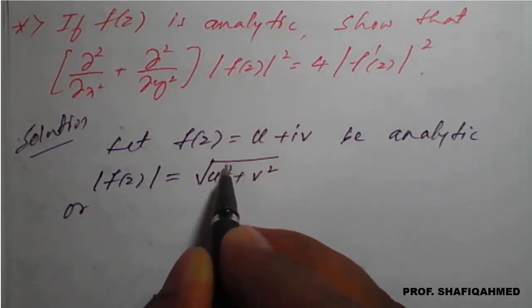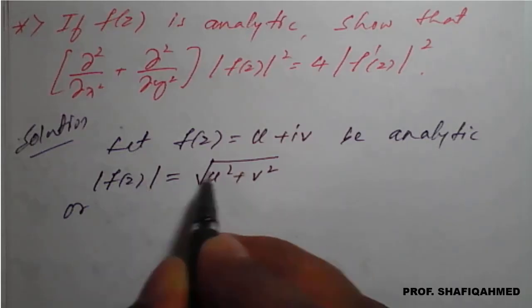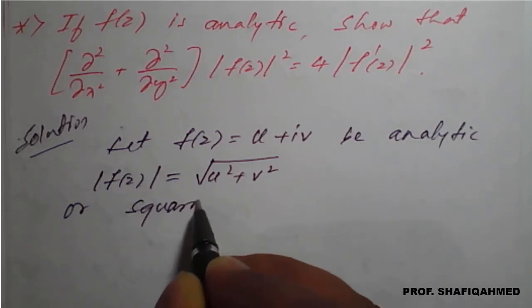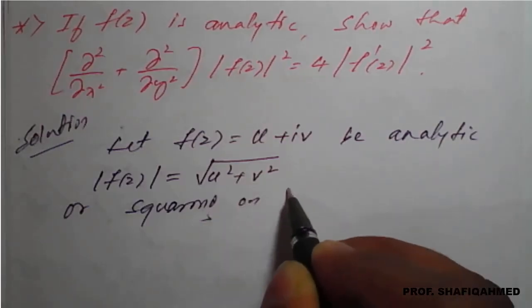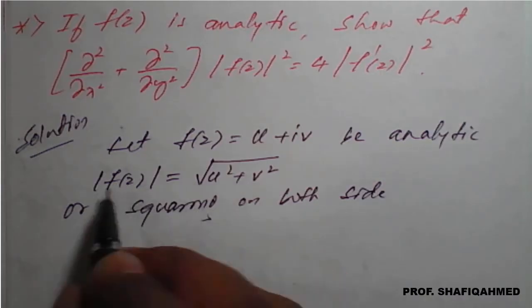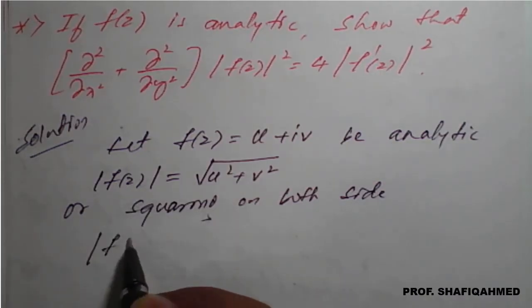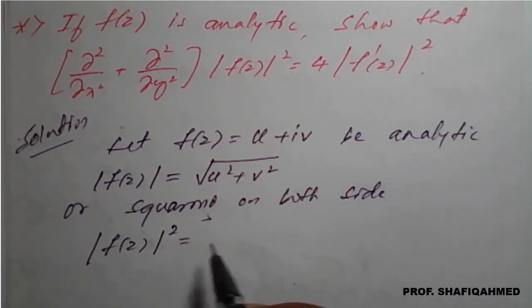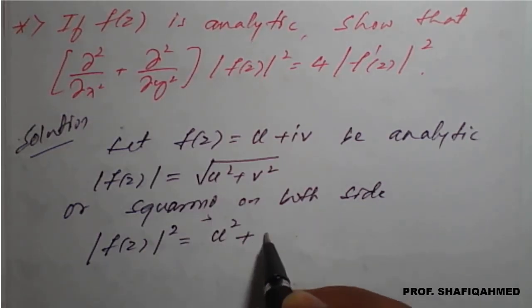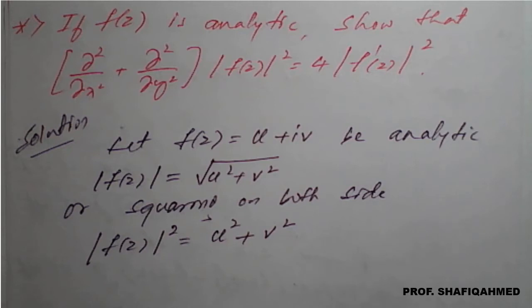I don't want this square root, so squaring on both sides, we get |f(z)|² is equal to, the square and root get cancelled, leaving u² + v².